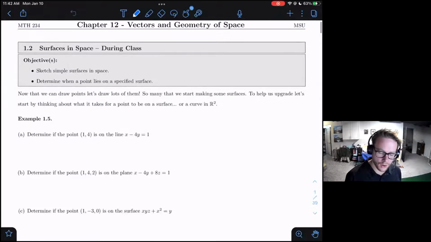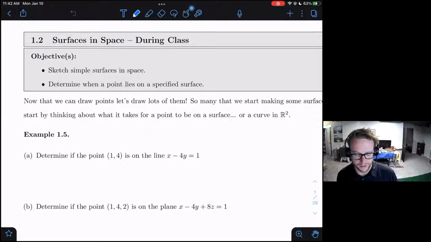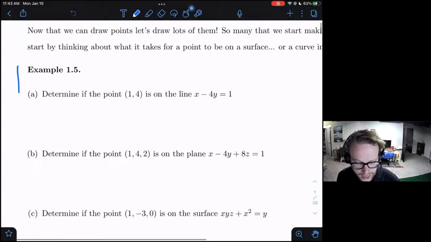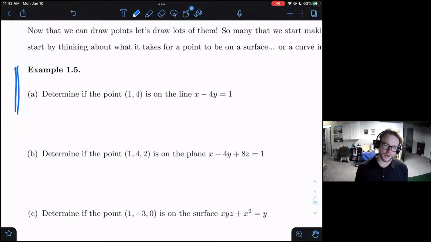Okay, so we are upgrading. In the pre-class stuff, we talked about points in space, and now I'd like to talk a little bit about surfaces in space. Before we get into drawing surfaces in space, I have a quick exercise just to remind us, because a lot of this chapter 12, you'll notice we're not actually doing integrals or derivatives.